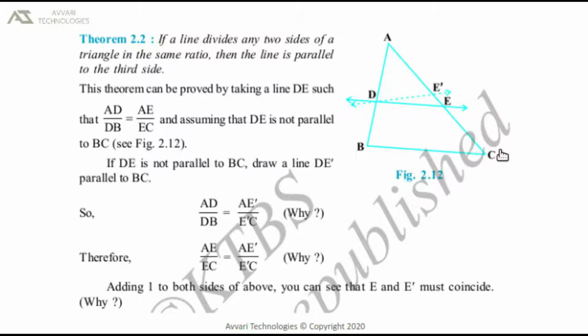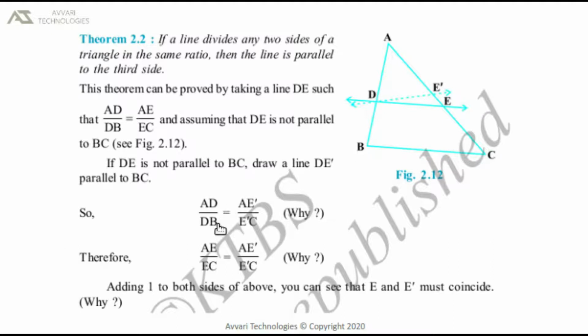Of course, we know this is not true. For the sake of proving this theorem by the contradictory method, we will assume that DE dash is parallel to the side BC. From the previous theorem, we know that AD by DB is equal to AE dash divided by E dash C.